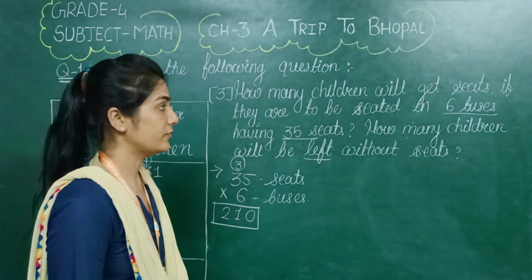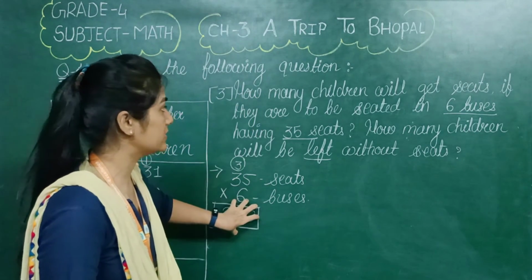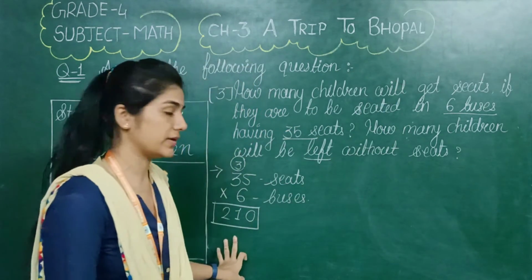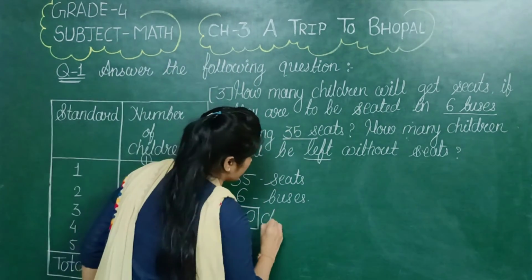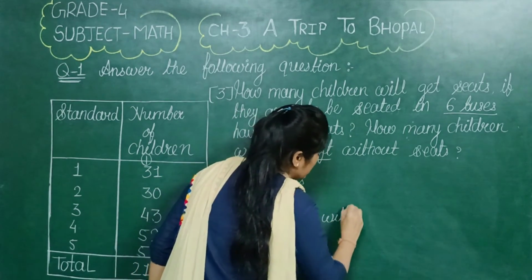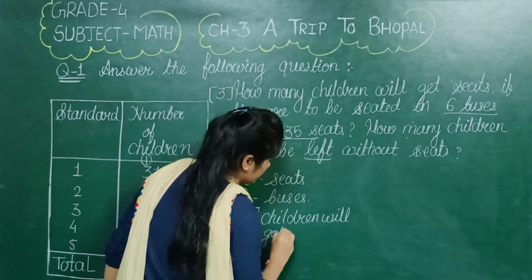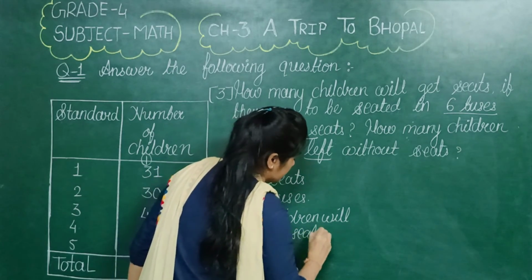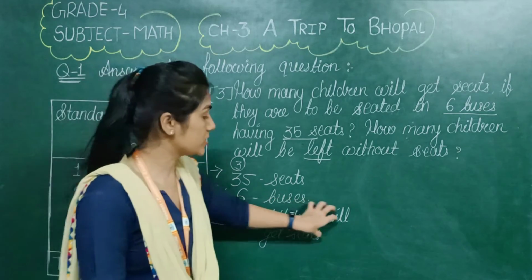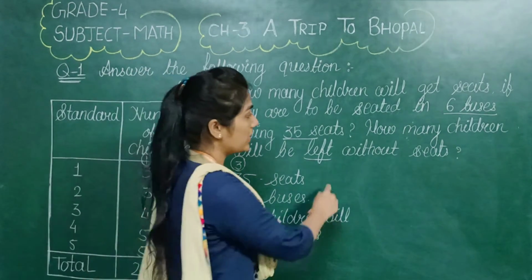Now what do we have to find? The children will get seats. So we can write here that children will get seats. As per the seats, the children will be arranged. Now what do we have to find?